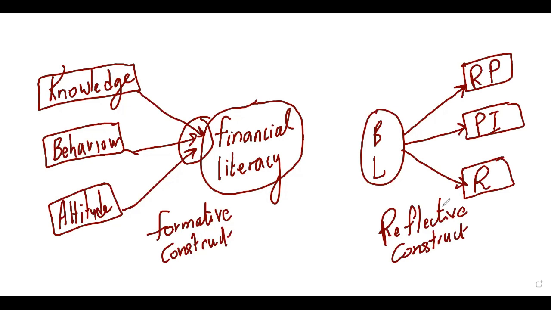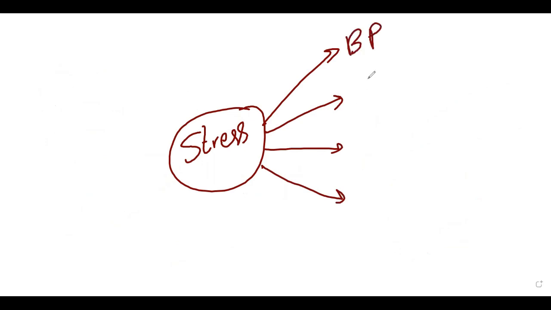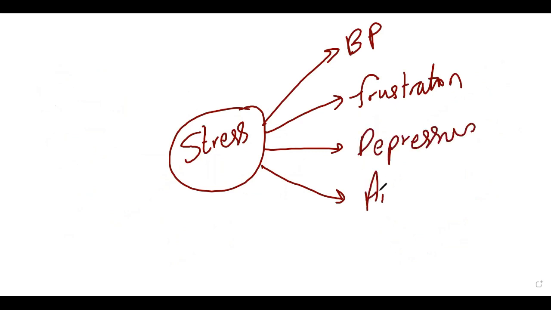Now I'm giving you another example. Suppose the construct is stress. Stress is a construct and it is measured by some items, like for example, blood pressure, frustration, depression, anger.